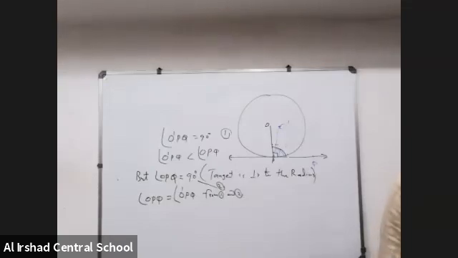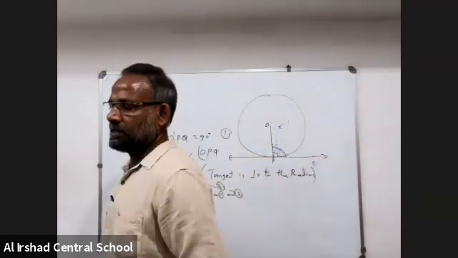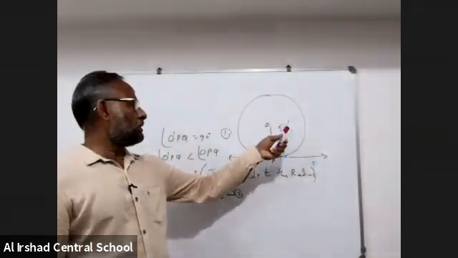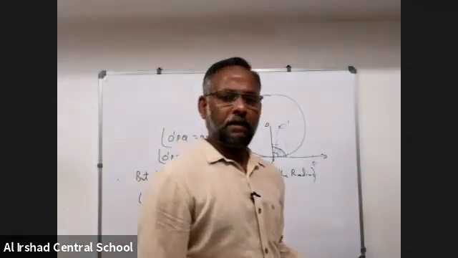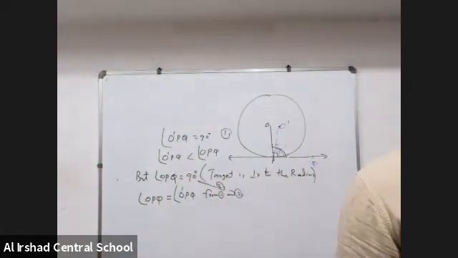Join OP and O dash P. Let the perpendicular drawn at P pass through O dash. So angle O dash PQ is equal to 90 degree. Angle O dash PB is equal to 90 degree. We got the perpendicular at P passing through O dash, so it will be 90 degree.